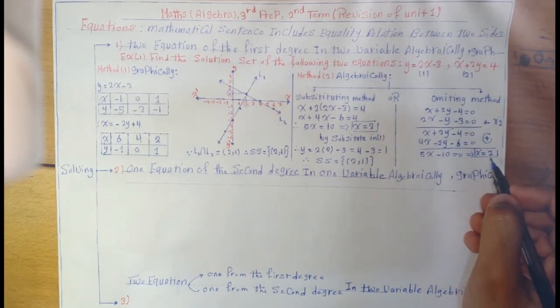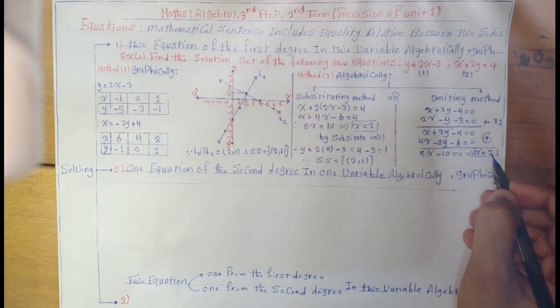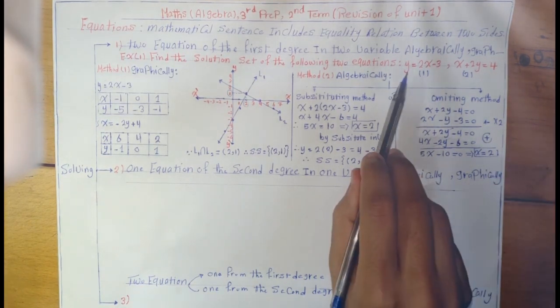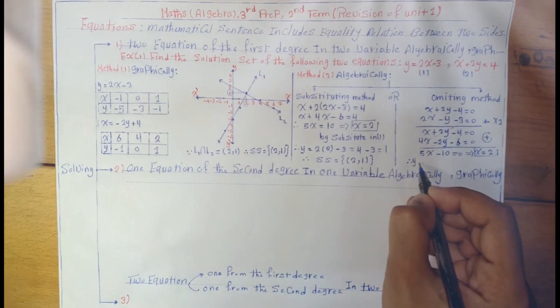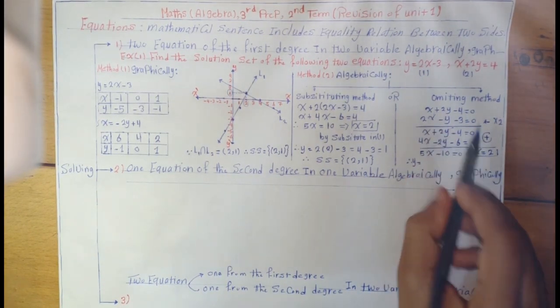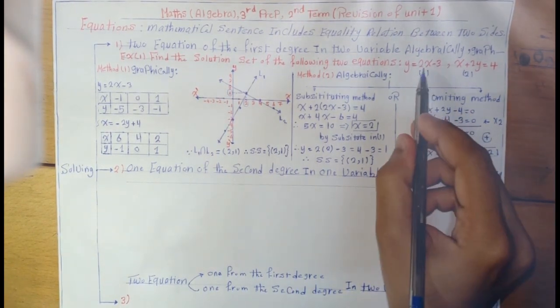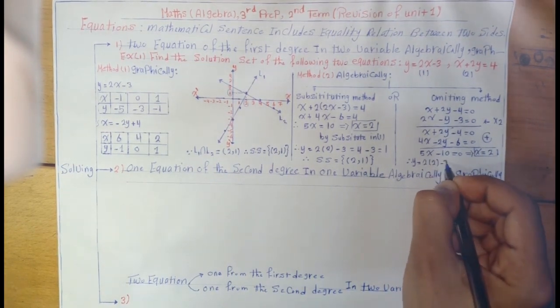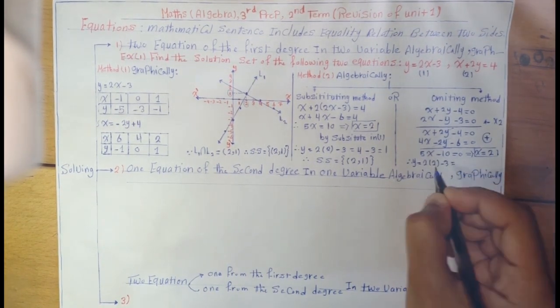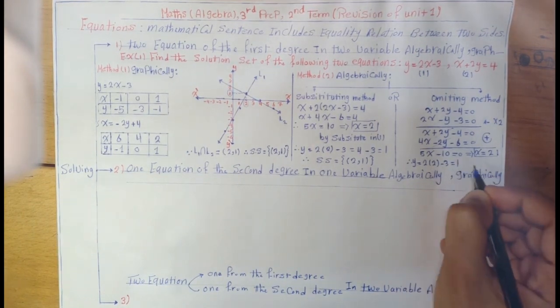By substituting the first value in the first equation, then y equals 2 times 2 negative 3 equals 4 negative 3 equals 1.